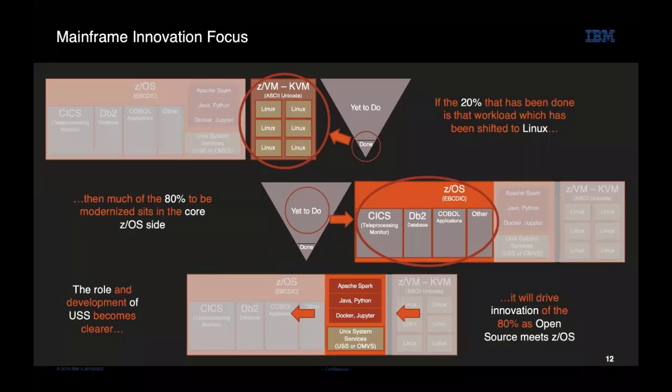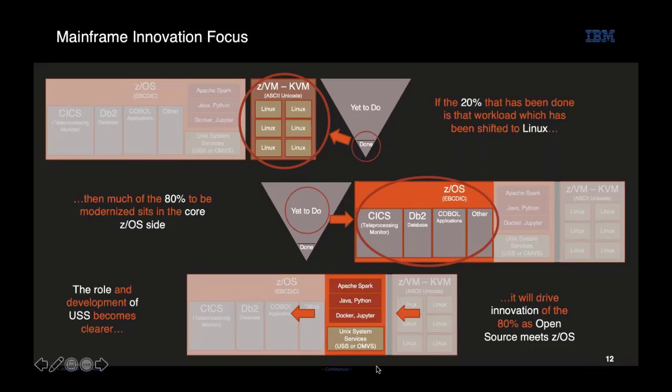So where we think we're going here, Sandy, we've got just a couple minutes left. It seems to me that as I look at the Z Linux side of the mainframe, this is where so much of the open source work has been done. The yet to be done, as Jenny Rometty said, the 80% still to be done to migrate to the cloud, a lot of that sits on z/OS.